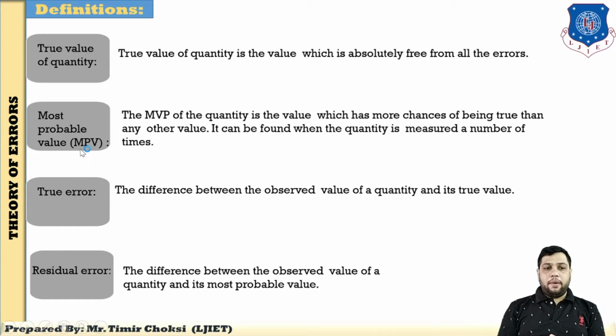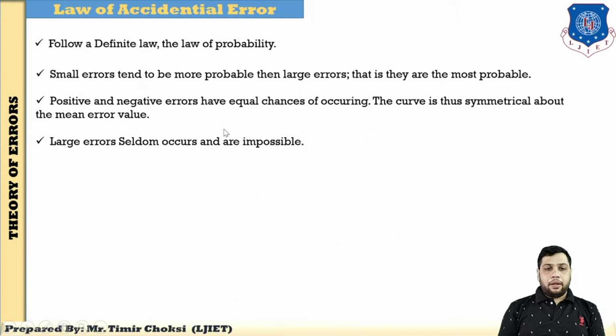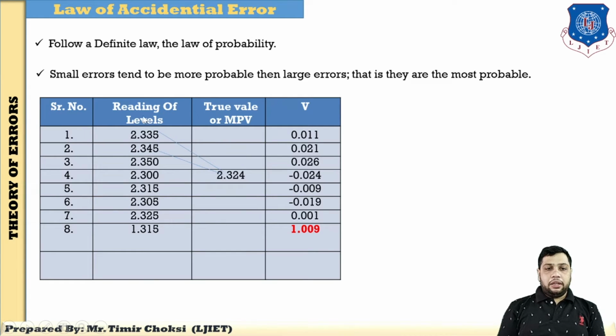Next is the most probable value. The most probable value of a quantity is the value which has more chance of being true than any other value. It can be found when the quantity is measured a number of times. For example, I have taken the readings of levels using a dumpy level and found the average of them.